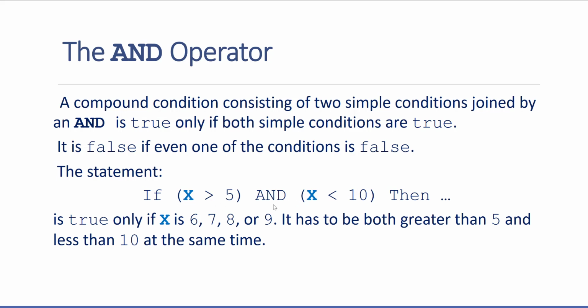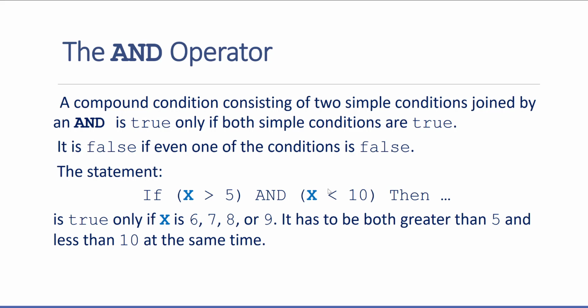Because if x was 6, x is greater than 5, that's true, and x is less than 10, that's also true. And so both of these conditions have to be true when we have and. Both the left and the right side have to evaluate to true for this whole condition to evaluate to true.